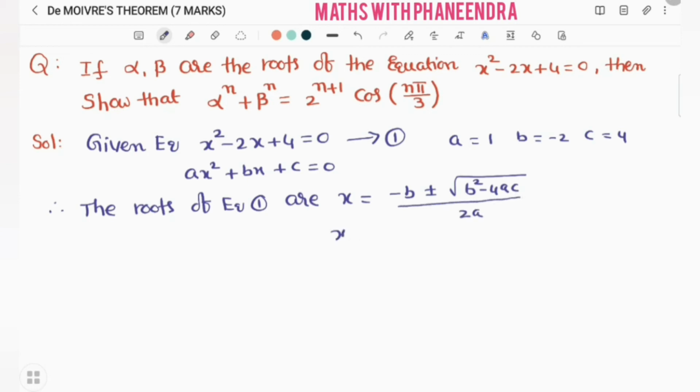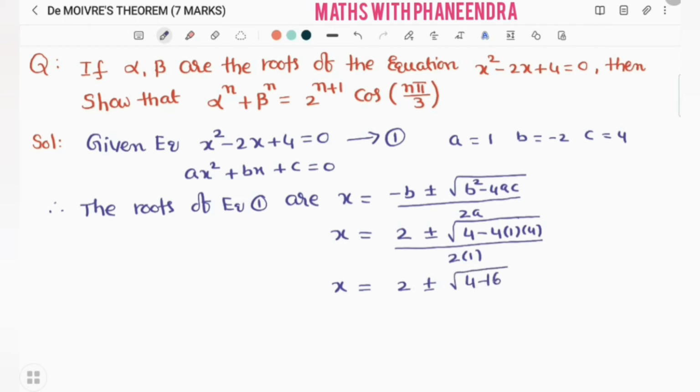Substitute the respective values of a, b, c in this formula. So minus of minus 2 plus or minus root of minus 2 whole square minus 4 into 1 into 4 divided by 2 into 1. So x is equal to 2 plus or minus root 4 minus 16 divided by 2.